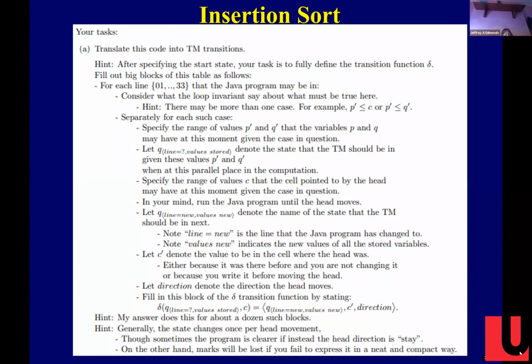If the head doesn't move, then what direction are you going? Nowhere. Well, you just use stay. I was using stay. Remember? Right, left, stay. Okay. So are we allowed to use stay? Yeah.